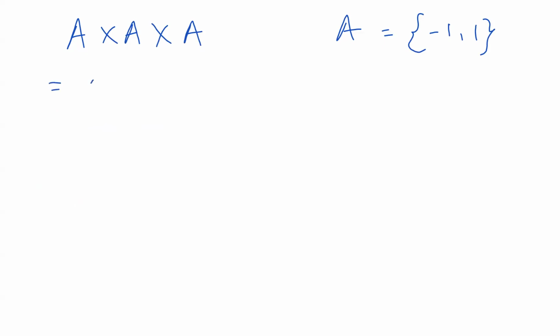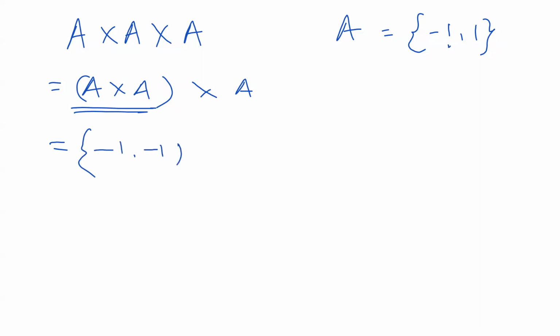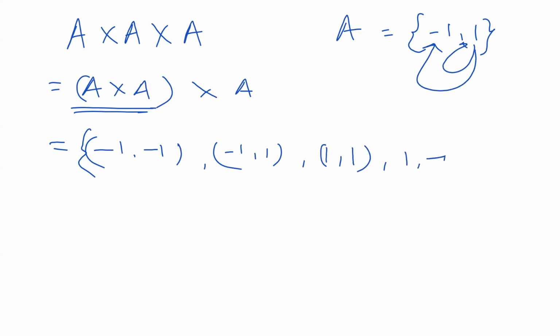This will be equal to A cross A: -1 along with itself, then -1 along with 1. Then 1 along with itself, and 1 along with -1. So this is A cross A, which has a cross product with A itself. So A is -1, comma 1.